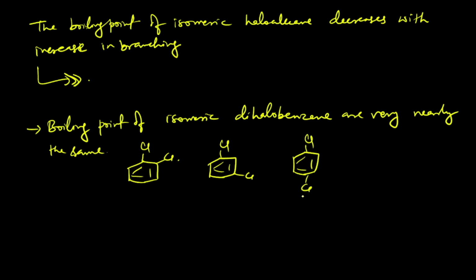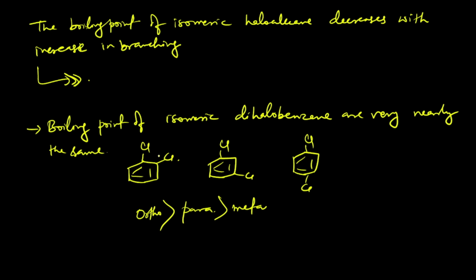Okay, so how will the boiling point trend follow over here? Ortho will have the highest boiling point, so I'll just write that ortho will have more boiling point. Then directly it will go to para, and after para it will be meta.